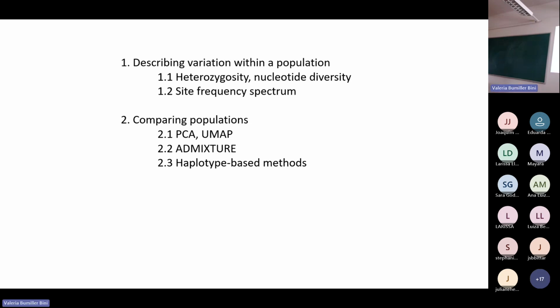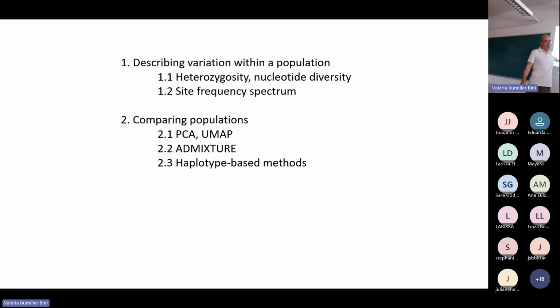And we can have a whole function, which is the site frequency spectrum. And then we will compare populations through PCA, UMAP, and I forgot about that, I'll mention it in passing, even if you didn't get a slide, MDS, multidimensional scaling.